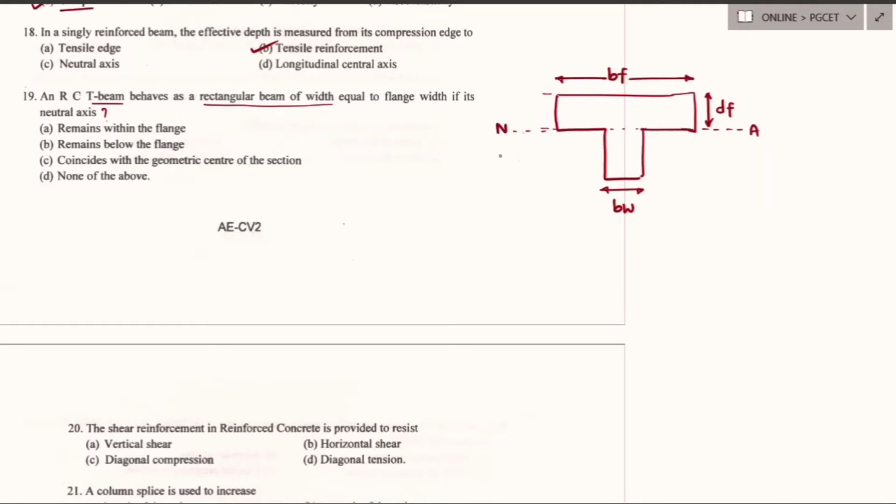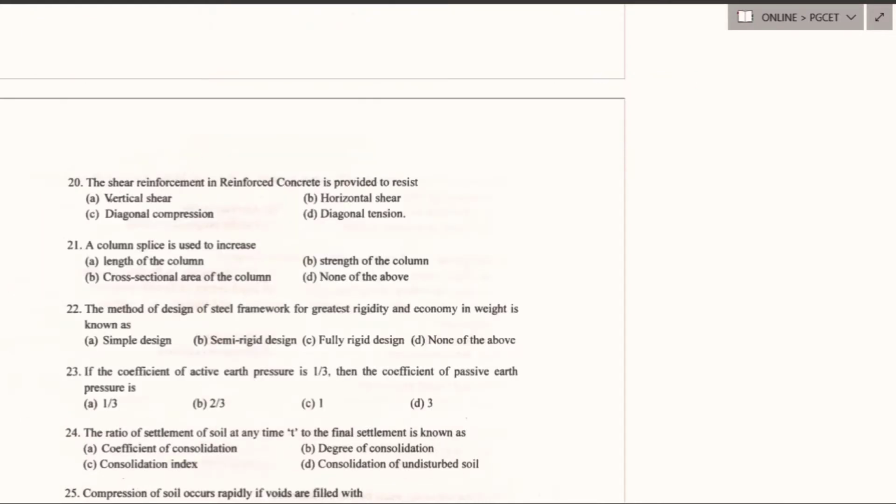In case of T-beam, if the depth of neutral axis lies within the flange region, then there is sagging bending moment, and only the portion below this neutral axis will lie in tension, and hence it is neglected. Therefore, T-beam will behave as a rectangular beam having width equal to flange width. So option A is the right answer. Remains within the flange.